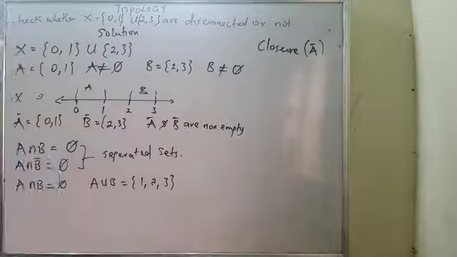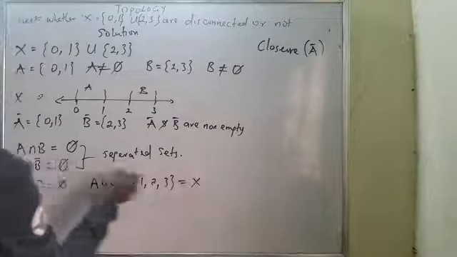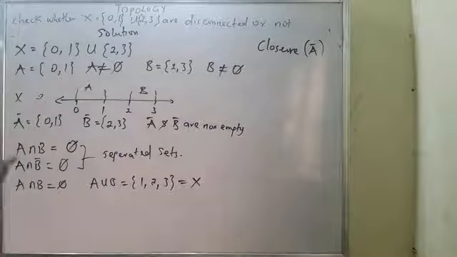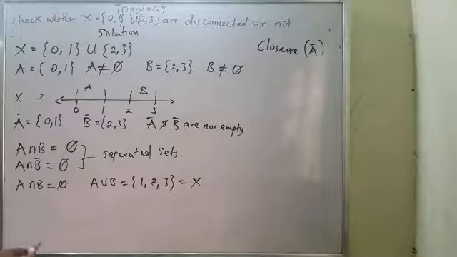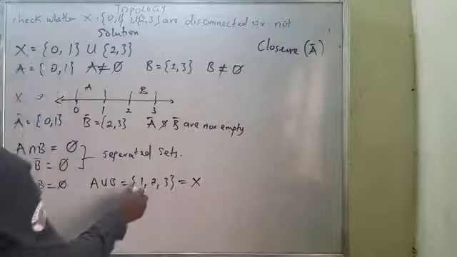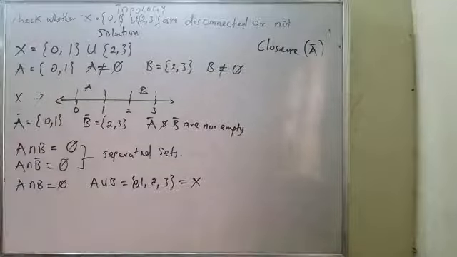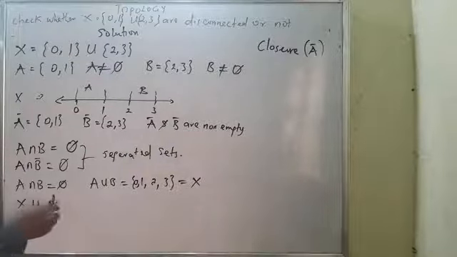That is equal to X, the X given, because you can see 0, 1, 2, 3. 0 is also there because we're talking about the interval from 0. So A union B equals X, which means X is disconnected.